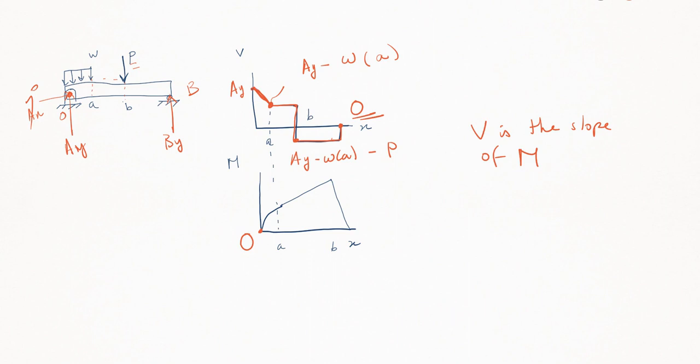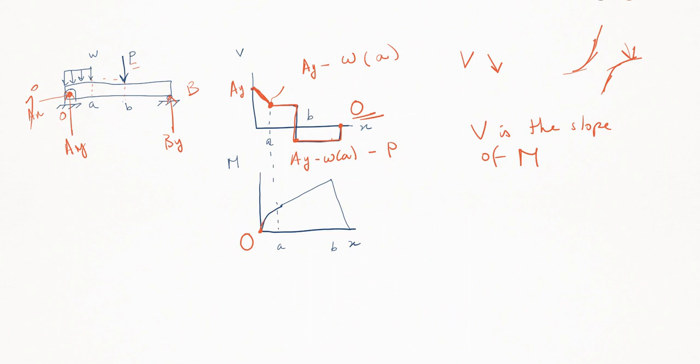V, this value is the slope of the moment. So what do we know? We know V is going down, right? So how do you draw a line with the slope keeps going down? It's gonna be a parabola, either like this or like this. Now what's happening with the slope here is going up, right? It's increasing the value. And now here the slope is going down, so the shape is gonna be like this.